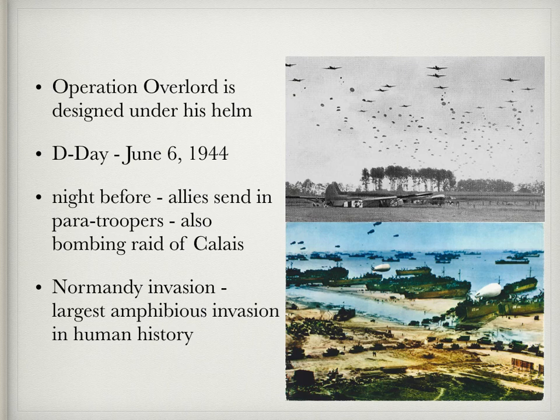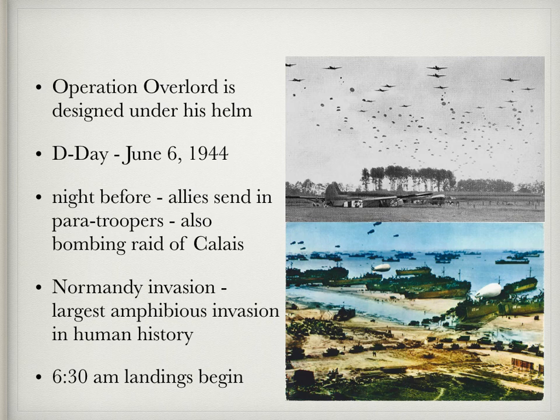The Normandy invasions will be the largest amphibious invasion in human history. About 7,000 ships are involved, and at 6:30 a.m. the landings begin. Now the Germans didn't really expect an invasion at this point, and they weren't really focusing on Normandy as the location.